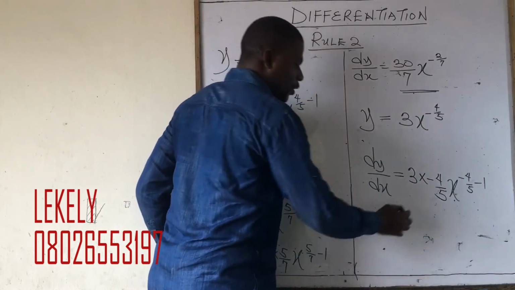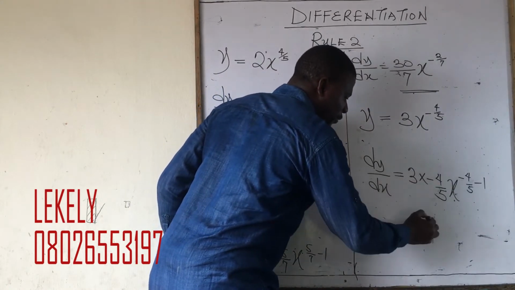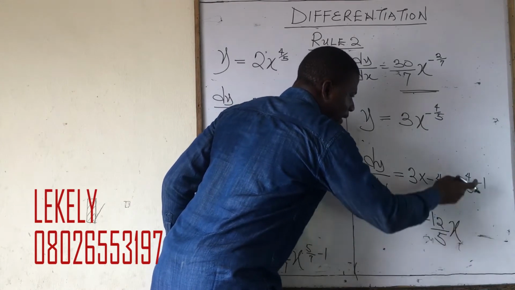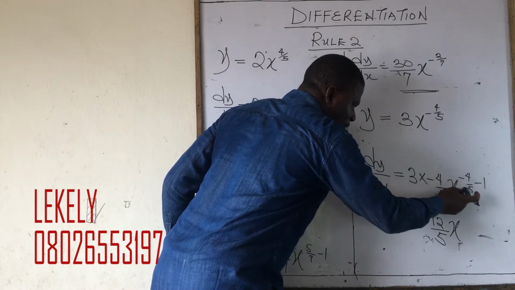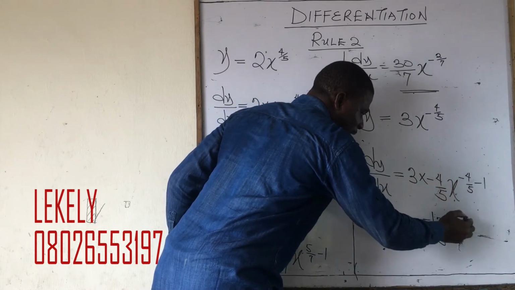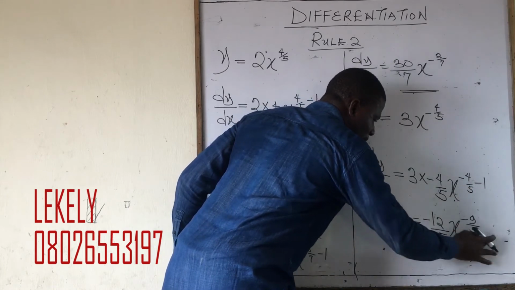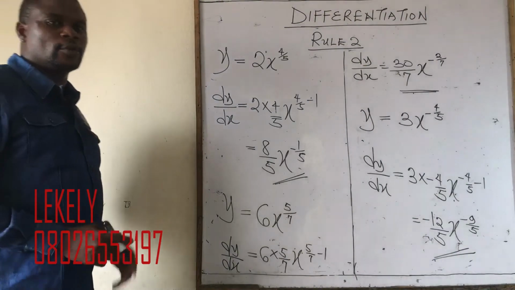You will subtract 1. So here now, your dy/dx will now be 3 times minus 4, minus 12 over 5 x raised to power minus, because it's minus minus, so 4 plus 5 is 9. So minus 9 over 5 over this denominator. That is your final answer.